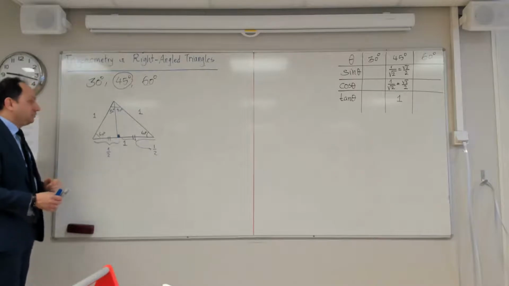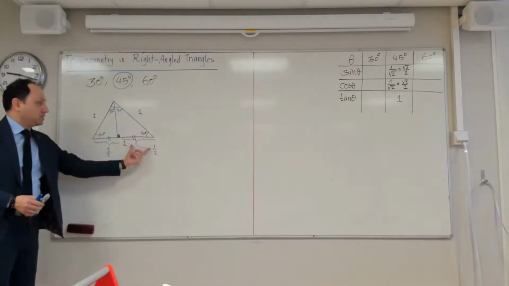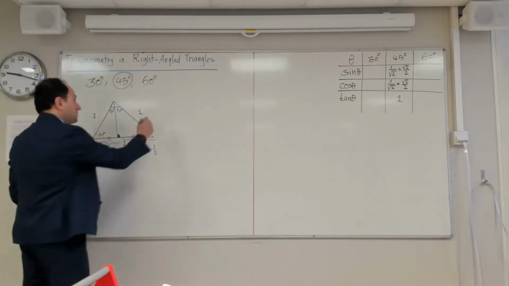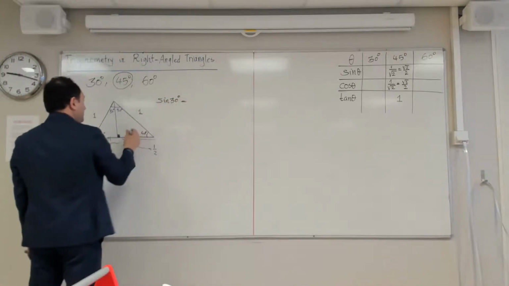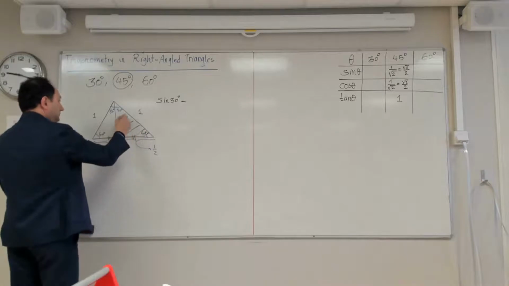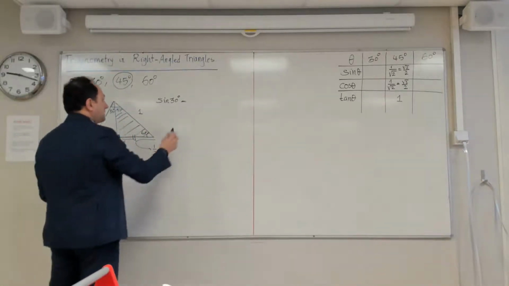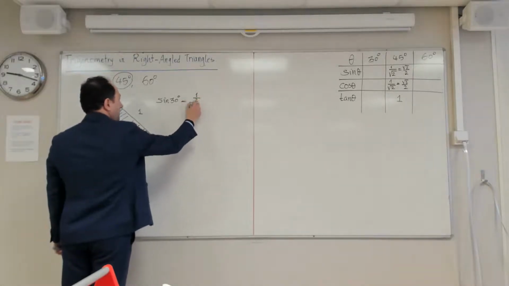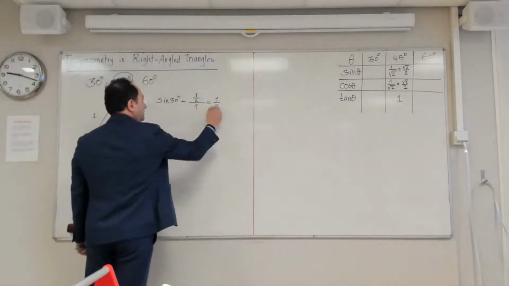And then you immediately realize what to do, because sine of 30 is the opposite side, which is 1/2 divided by the hypotenuse, which is 1. I could choose this one, it doesn't matter. And then sine of 30 degrees is equal to 1 over 2 divided by 1. But it becomes 1 over 2.